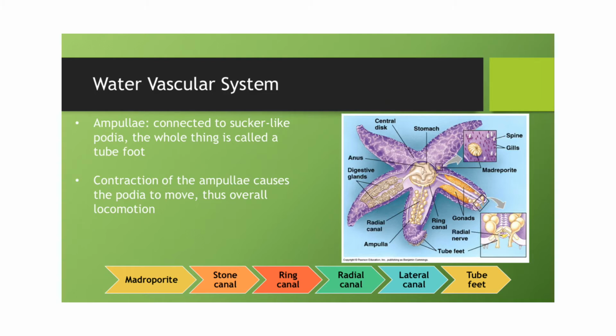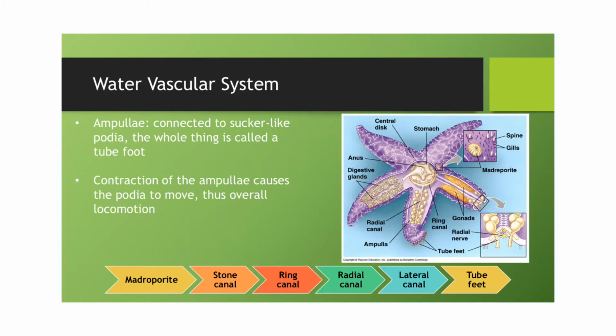In the water vascular system, they also have the ampulla that connects the sucker-like podia. The whole thing is called a tube foot. So the ampulla is like an interconnection between the madreporoid and the tube feet. The contraction of that ampulla causes the podia to move, thus the overall locomotion.